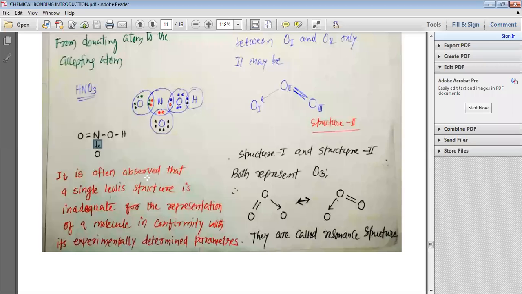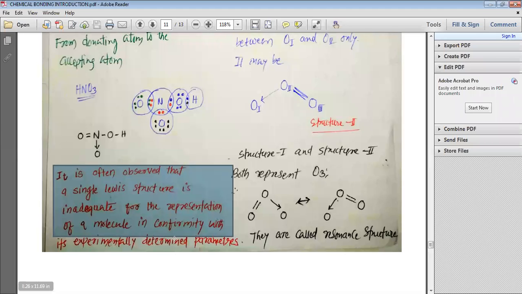It is often observed that a single Lewis structure is inadequate. Please remember this. This is a very important point. It is often observed that a single Lewis structure is inadequate, not enough for the representation of a molecule in conformity with its experimentally determined parameters.